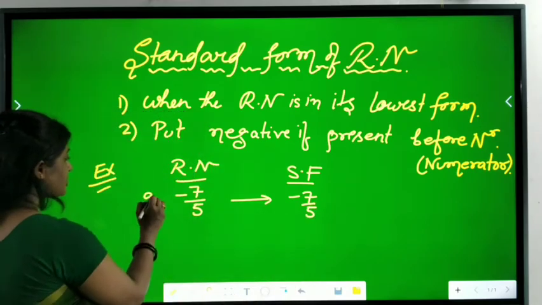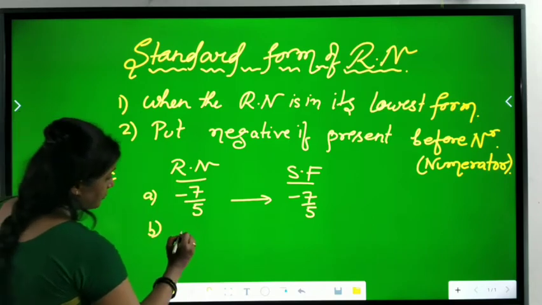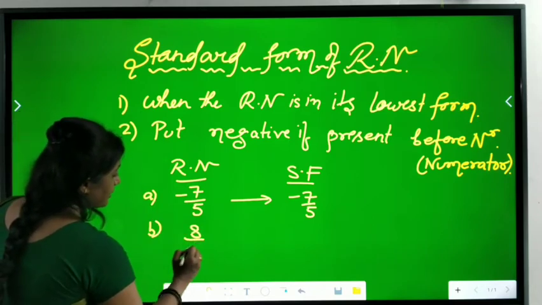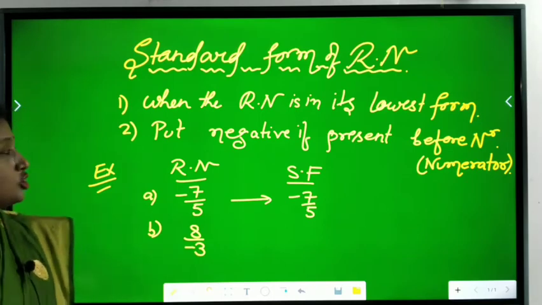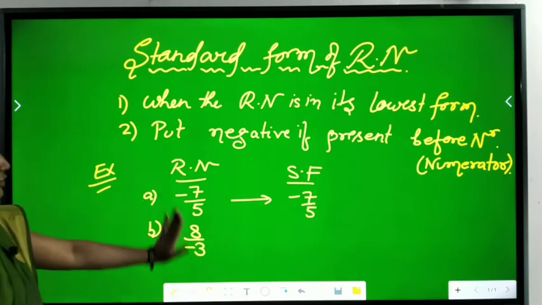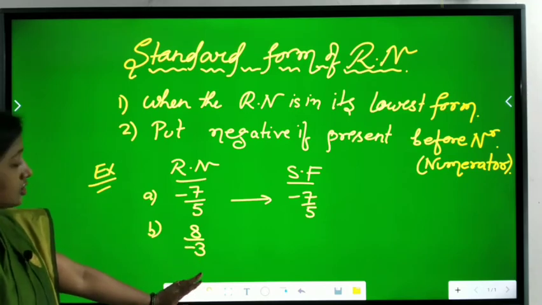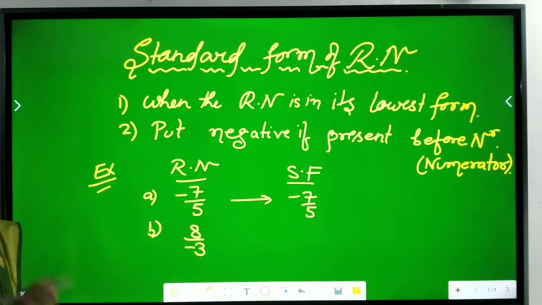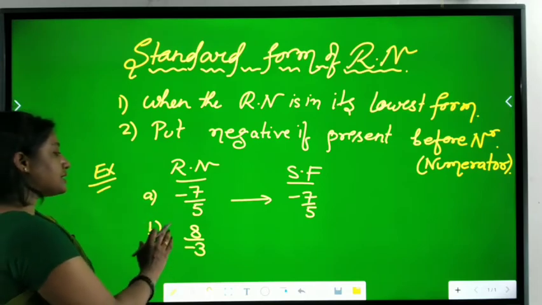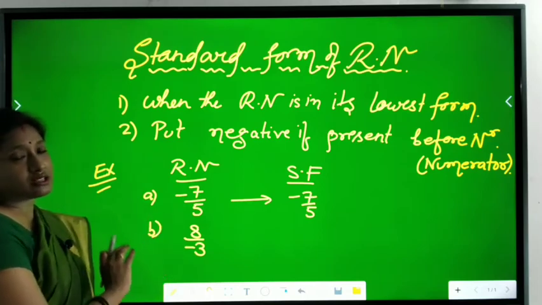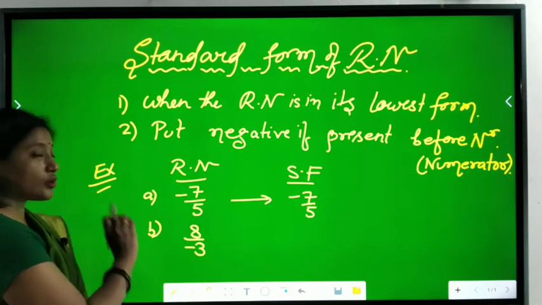Next, suppose one more question. I am giving you 8 by minus 3. So just look at here. First, whether it is in lowest form or not. So 8 and 3, does it contain any number common? No. So we can say that 8 by minus 3 is in its lowest form.